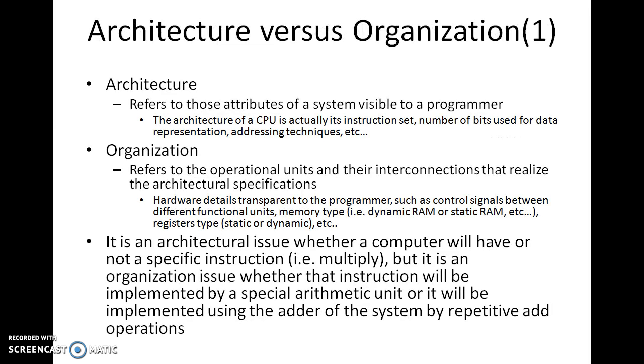Okay, so we have defined computer: something which computes. Compute means logical as well as calculations. Now, what is architecture? What is organization?